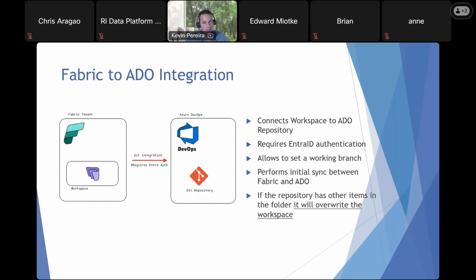So we're talking schema here, we're not talking data. And that's kind of cool. That's kind of powerful. It's kind of doing the initial commit for you, which is interesting. Now, one note here is that if the repository has other items in the folder, it will override the workspace. So that's something that you just kind of need to be aware of.